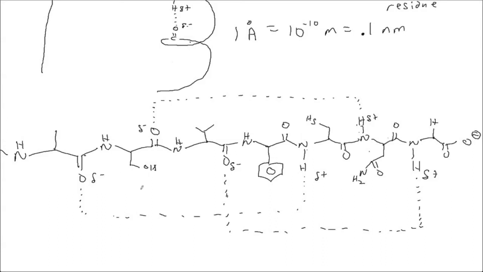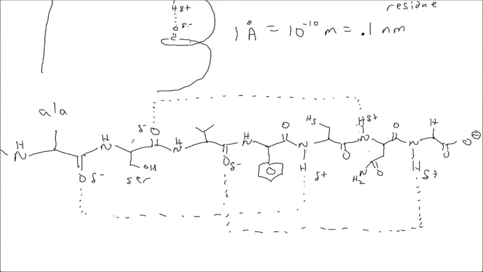Yeah. So if this was in an alpha helix, what's the name of this amino acid? That is alanine. And this one? That is serine. So in the alpha helix, the serine will be how much higher than the alanine?